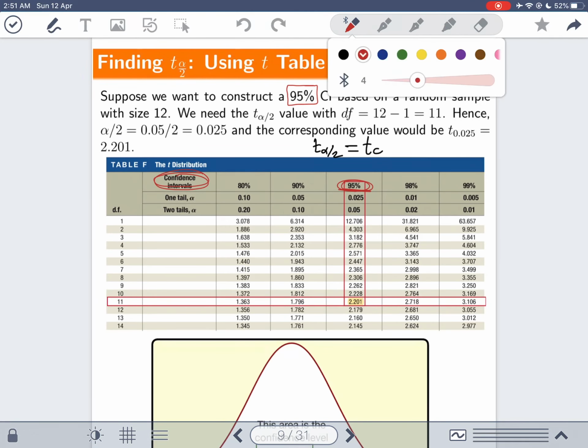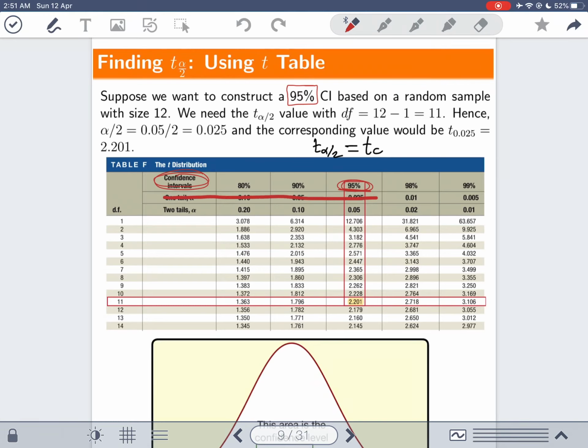One thing: in this table, when you see one tail and two tails, this is something you will learn about in the next chapter, so for now you can just forget it. Just look at the confidence level you're interested in, and then they give you the sample size, which is 12. If the sample size is 12, this means n is 12.